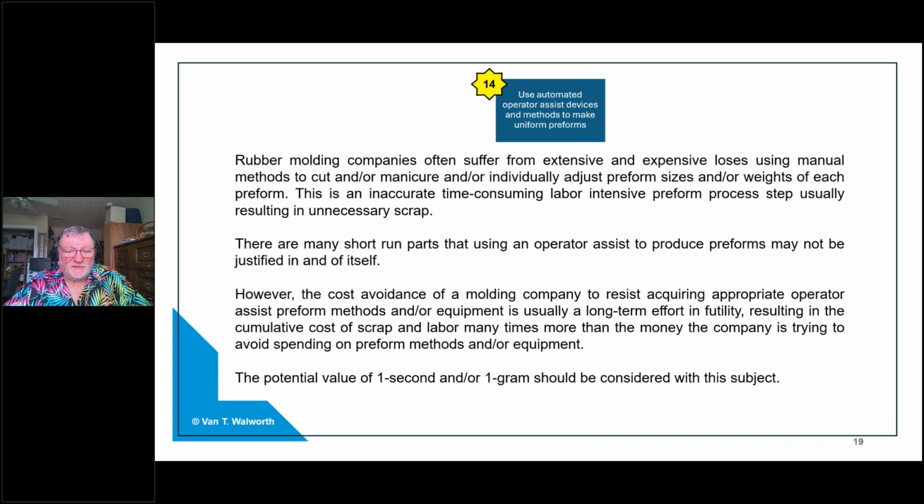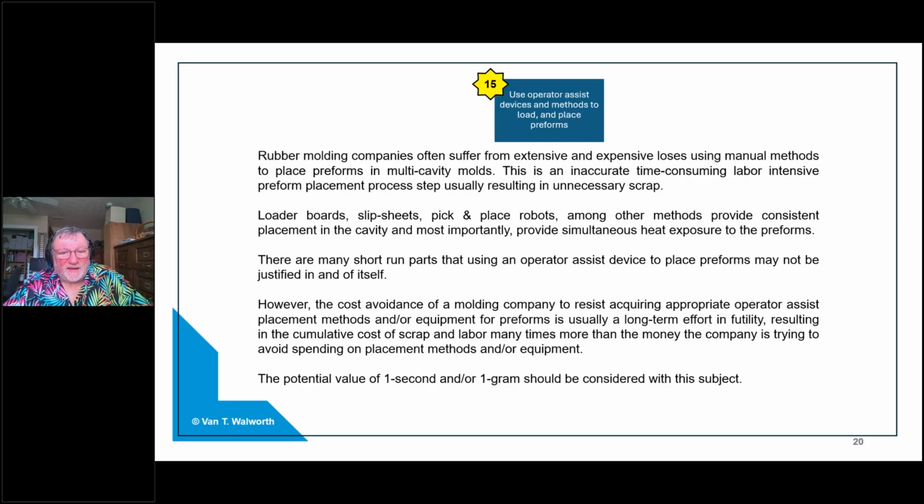It does reduce scrap. It does reduce cycle time because it's more consistent and you have a better chance of maintaining an equilibrium than you would have had otherwise. And so the potential of saving 1 gram, 1 second, 1% is very much a real thing that you can take advantage of by looking at that.